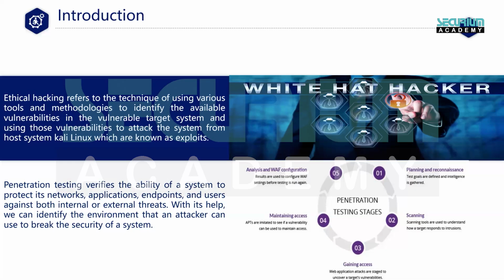The tools, methodologies, and phases are all the same. At the end point, cyber attackers will do one of three things. They can give this confidential information to rival companies, or they can ask for a ransom amount. Third, they can use this vulnerable target machine to attack other systems.